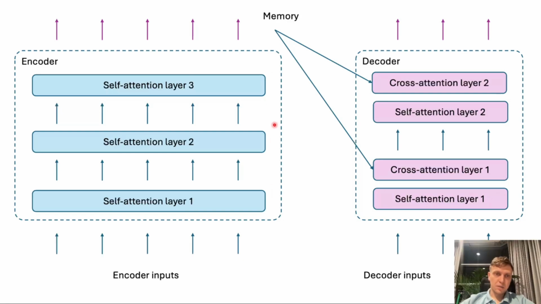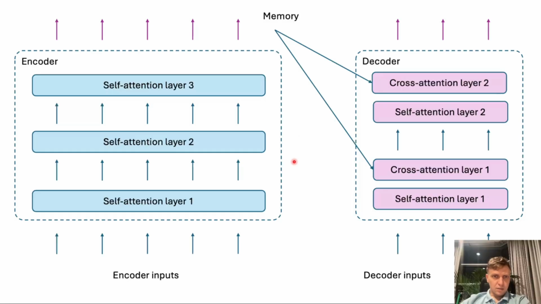But some middle layers can have very useful, important, high-level information that can be much more useful for our particular task than the last layer. So sometimes it also makes sense to connect this cross-attention to the output of some internal layers of the encoder.